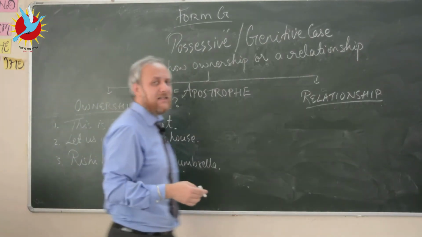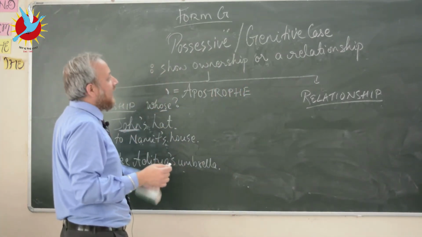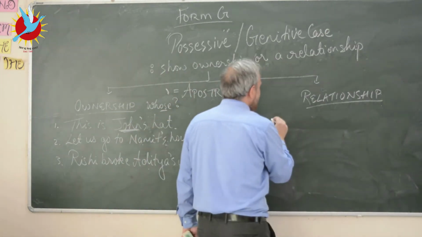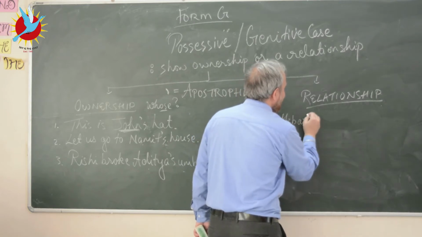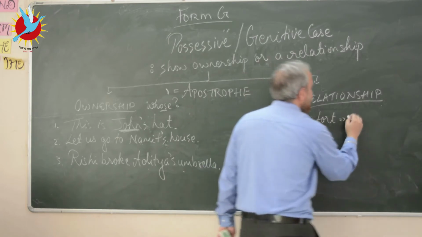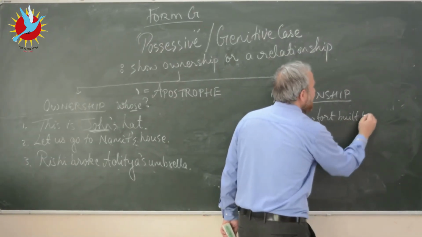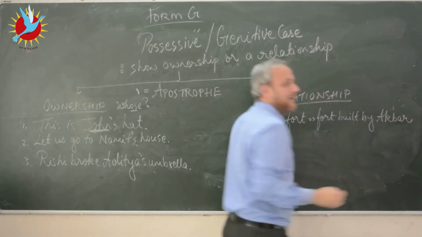Now let's look at relationships. How does the genitive case show relationships? Let's say Akbar's fort. What do I mean by Akbar's fort? It means the fort built by Akbar.